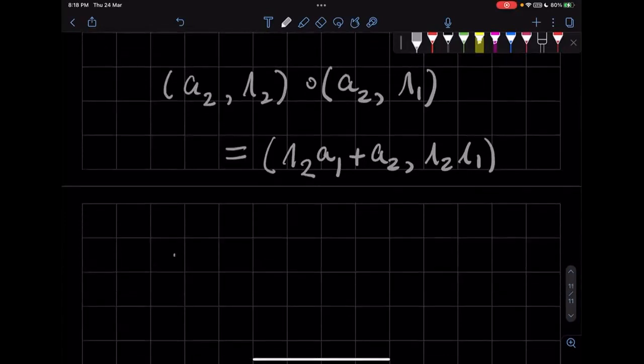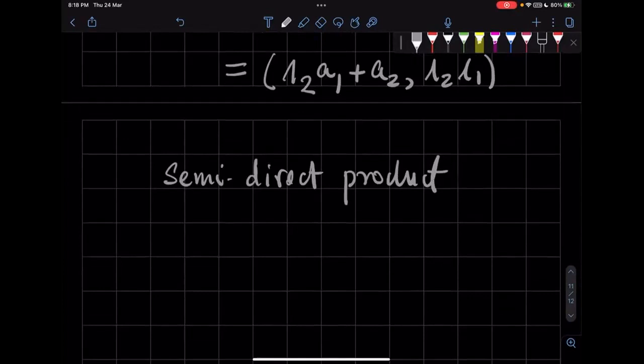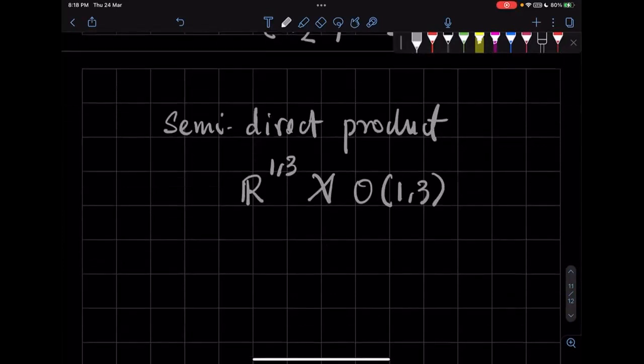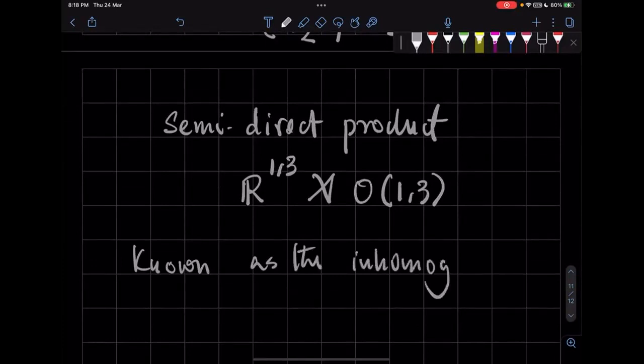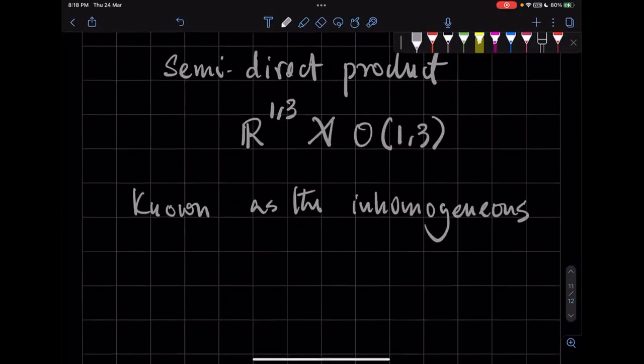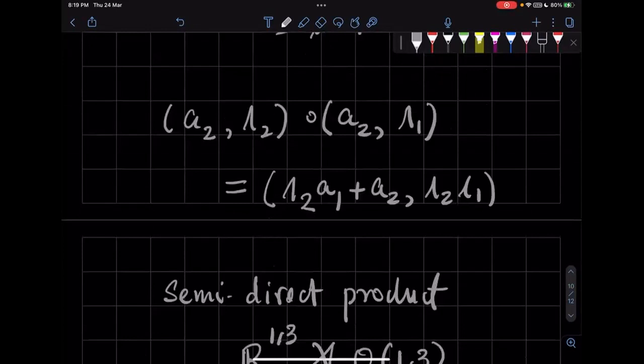So this is known as a semi-direct product, and it's written as R^{1,3} semi-direct product with O(1,3). This is also known as the inhomogeneous Lorentz group. Okay, so this is an important formula.